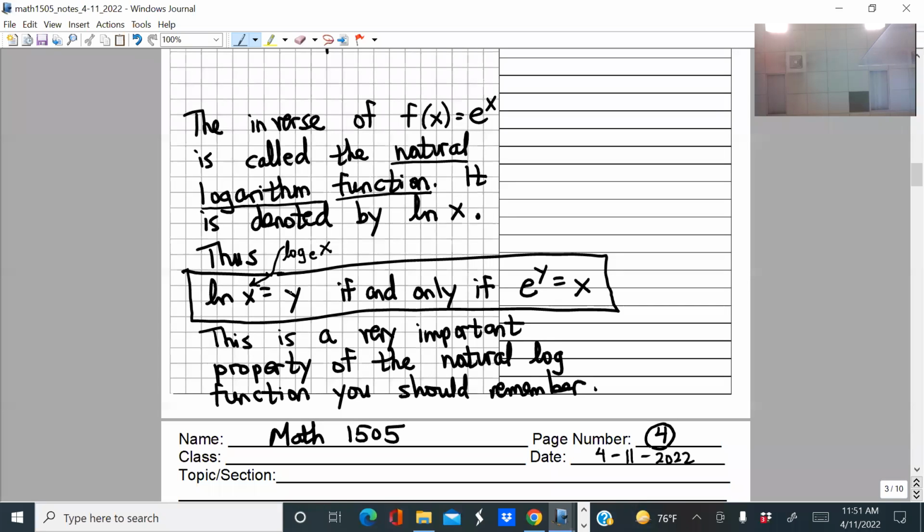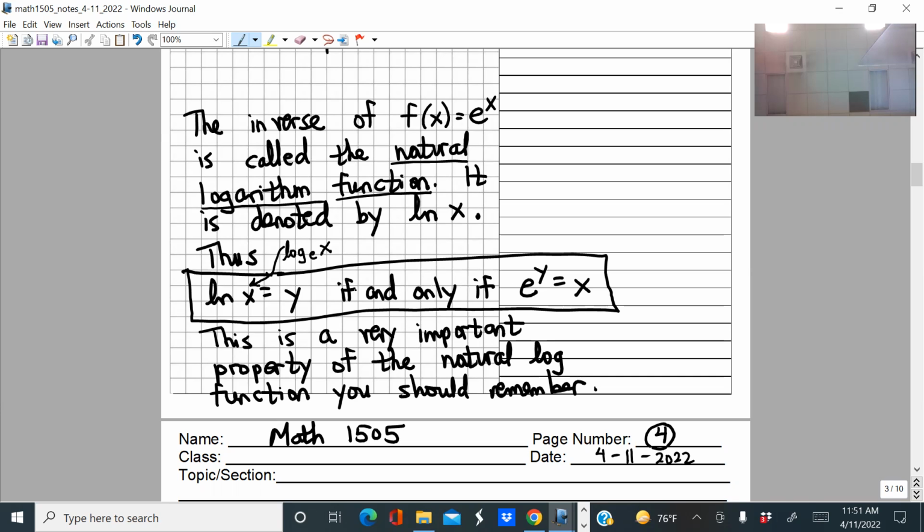That's very important to remember, okay? In fact, if you can remember this fact, you'll go a long way toward getting natural log questions correct. So remember, if natural log of x comes out to be some number y, that means if you take e and raise it to this power, you have to get x, because they're inverses of one another.